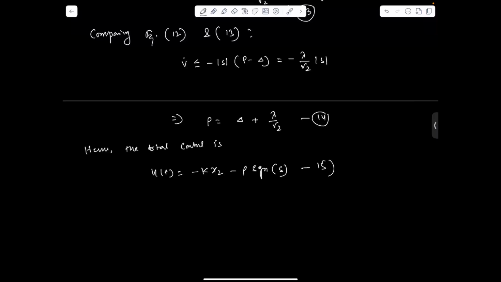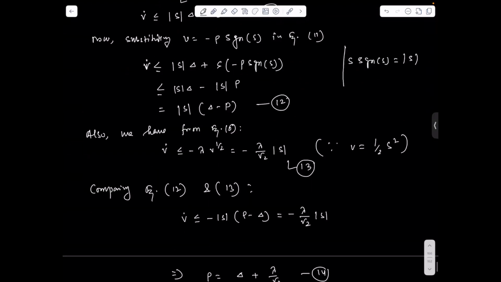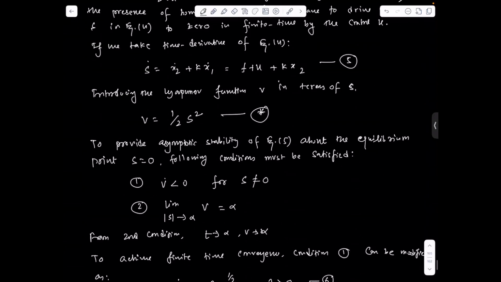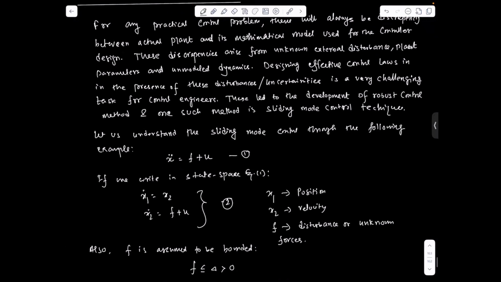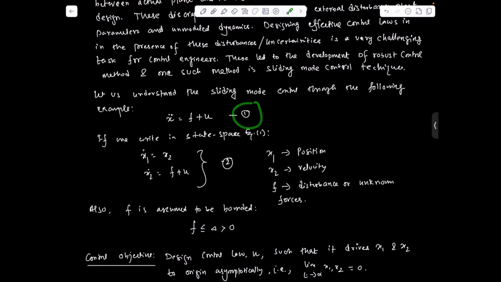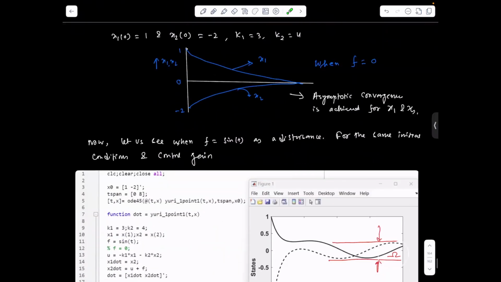This is equation 15. So now this is the sliding mode control algorithm for the system defined in equation 1. This is how we can design the sliding mode control.